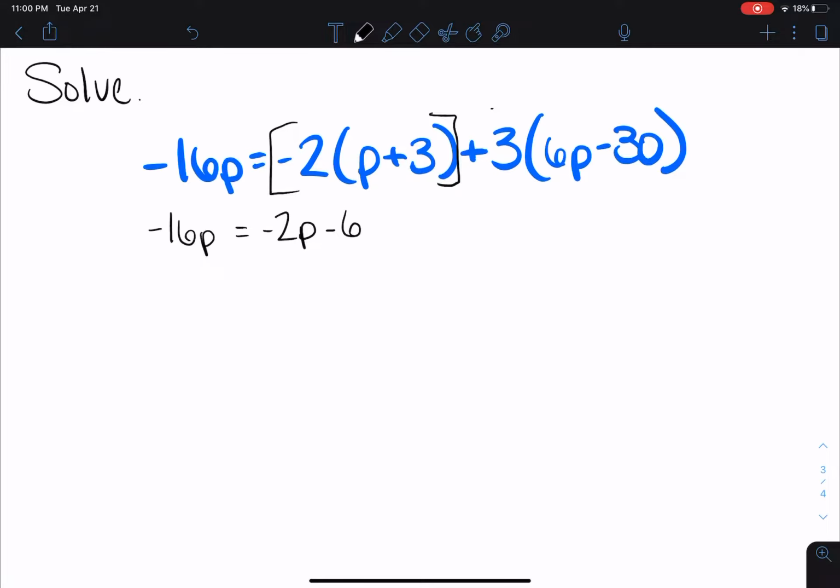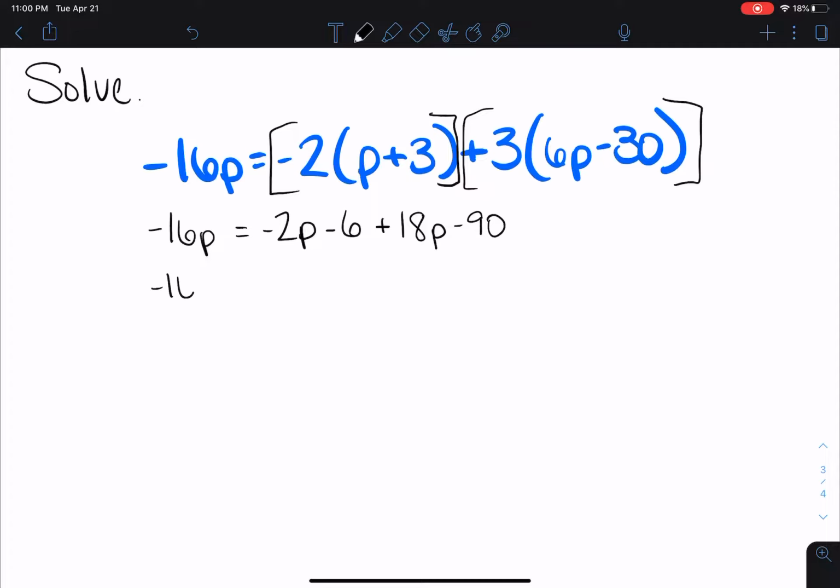Okay, now we want to take this positive 3 times 6p minus 30. So 3 times 6p is going to be positive 18p. And 3 times negative 30 is going to be negative 90.